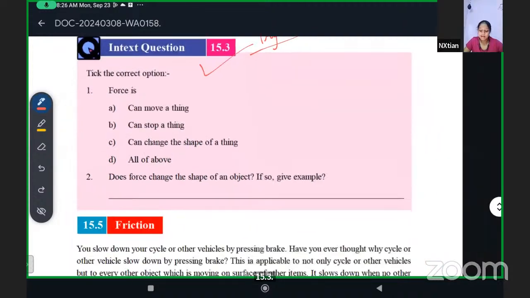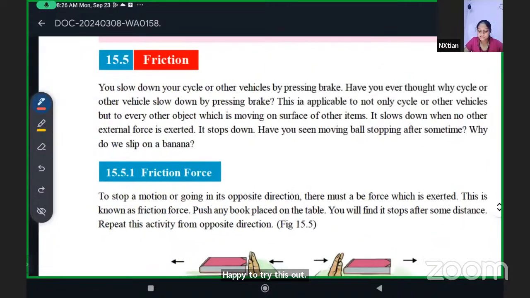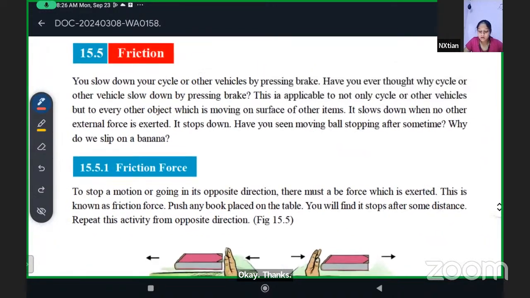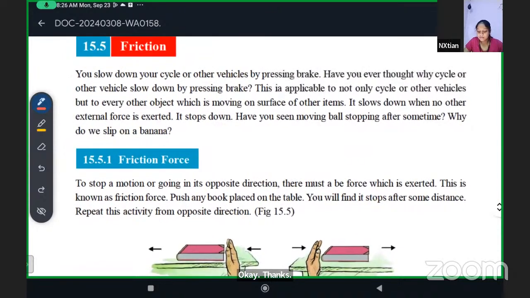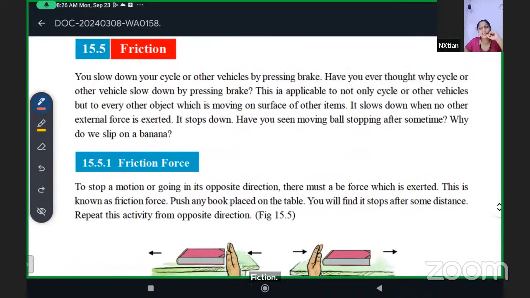Okay. Next, friction. What's friction? Can anyone of you tell me a little bit of the idea you have about it in your own words? If you want to share, what do you understand by friction?